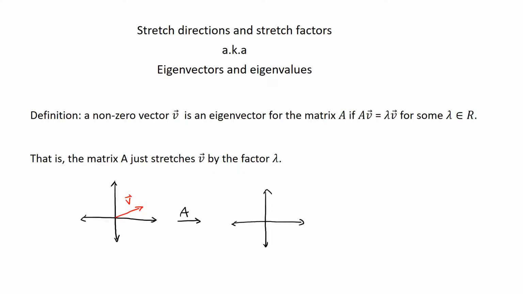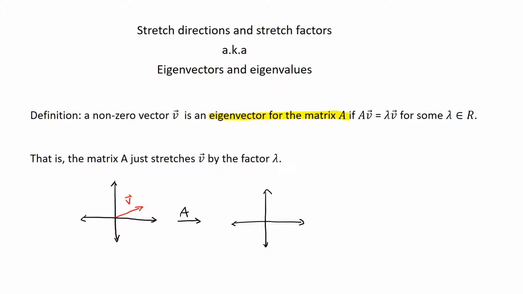Today we're going to talk about stretch directions and stretch factors, which are also called eigenvectors and eigenvalues. A non-zero vector v is called an eigenvector of the matrix A if the effect of multiplying by A is to multiply the vector v by some number.